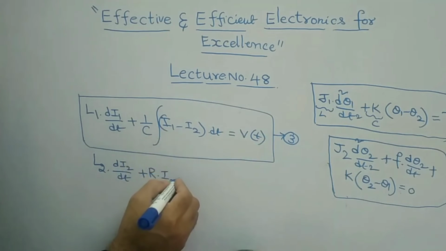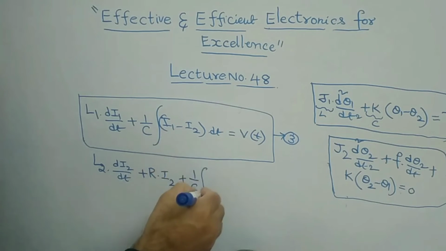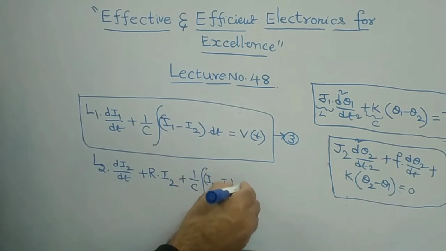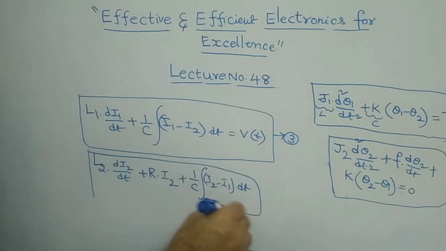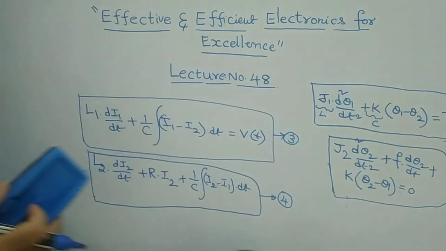R into I2 plus 1 by C integral of I2 minus I1 into dt. Clear? So you can put this in another box. You can call it equation number 4. These are the electrical equivalent equations for these two mechanical equations.